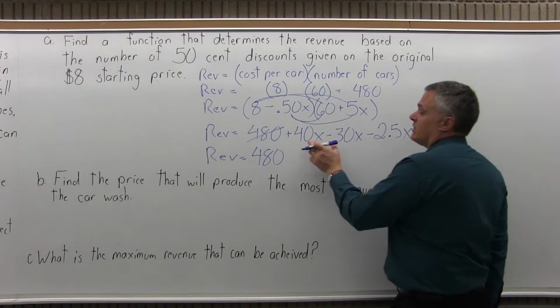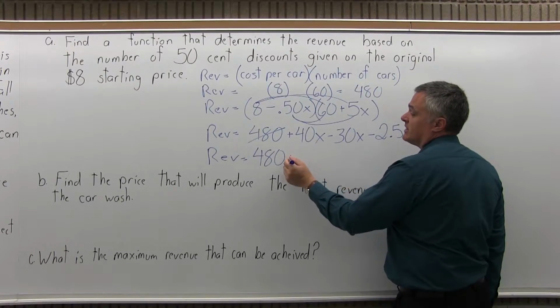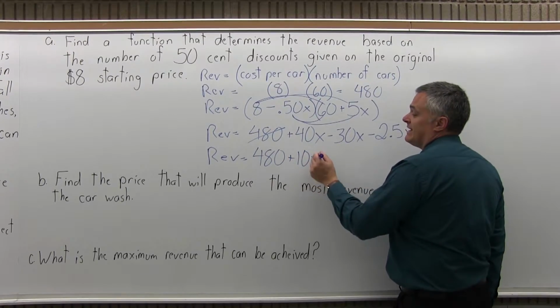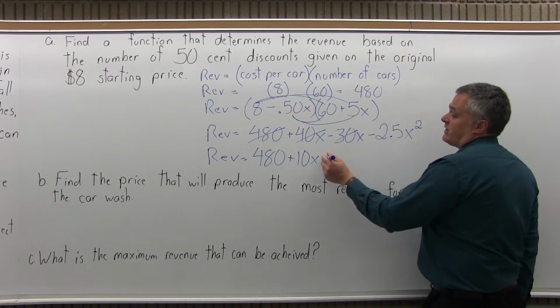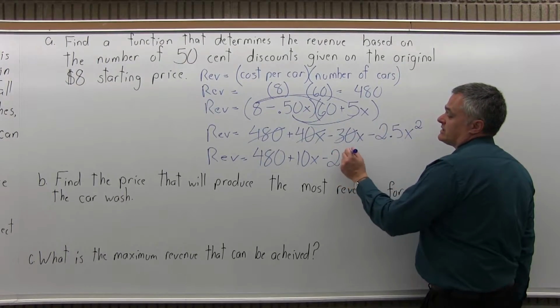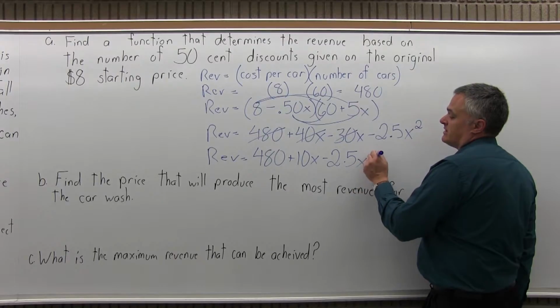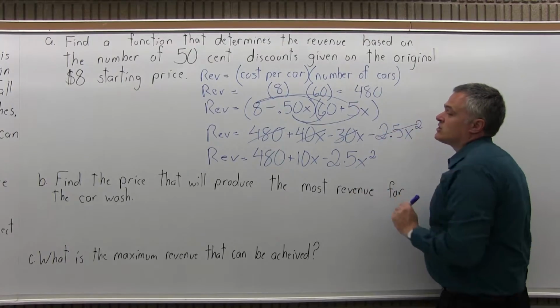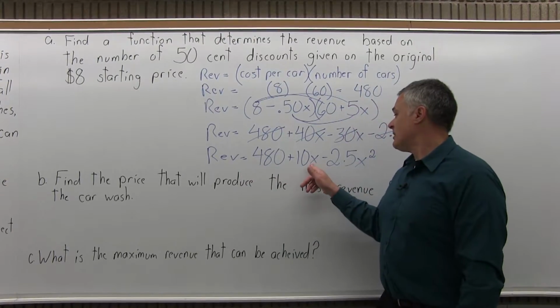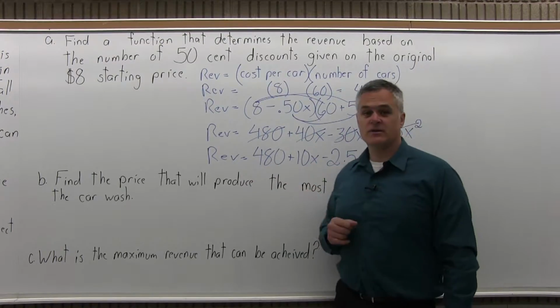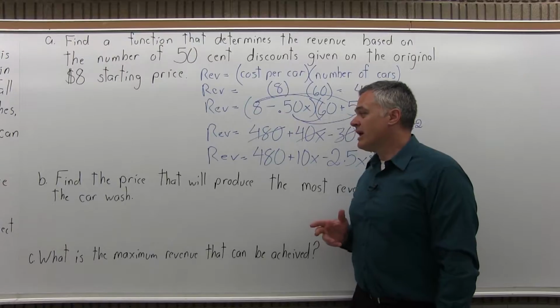That's different. But the 40x and negative 30x can be combined for a positive 10x, done. And then minus 2.5x squared. There are no other x squares to combine with that, so it'll just come down. So now, this is the revenue function that will determine the revenue based on the number of 50-cent discounts that are offered. So that's part A.